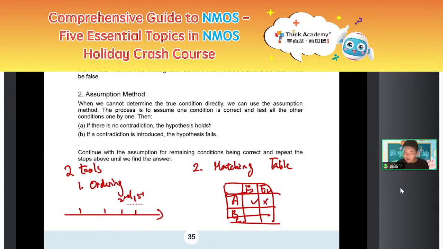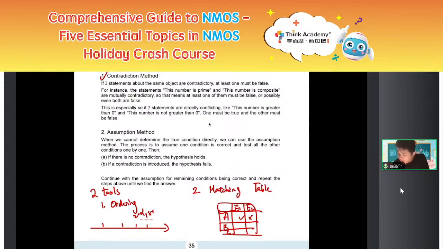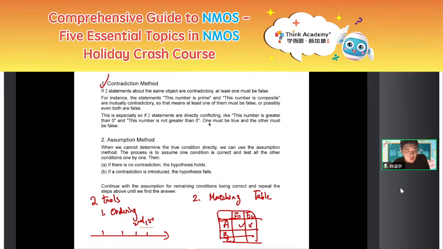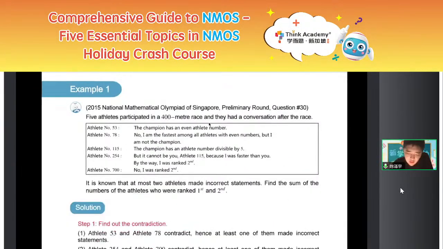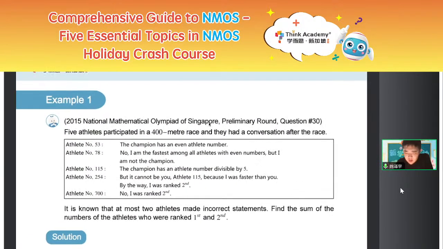You can put tick or cross to see which one matches which one. Okay, all right. So the tools are these two: the magic arrow and the table. Remember in which case you can use these two tools, and the methods we're using are contradiction or assumption.